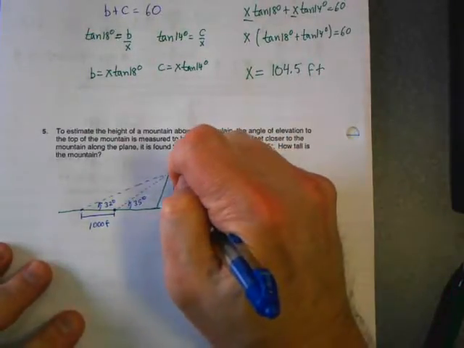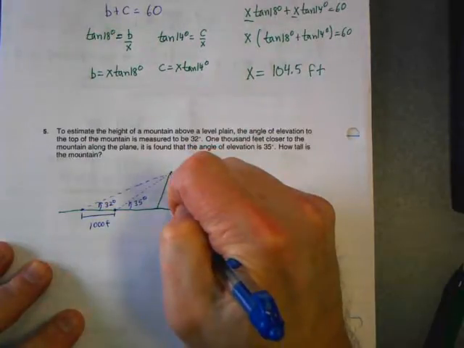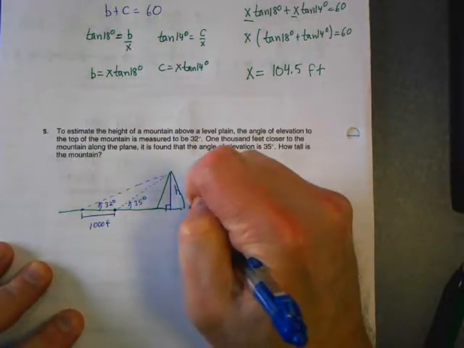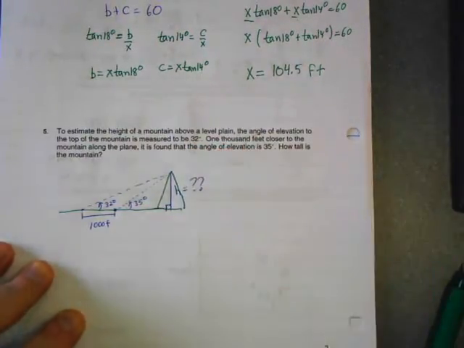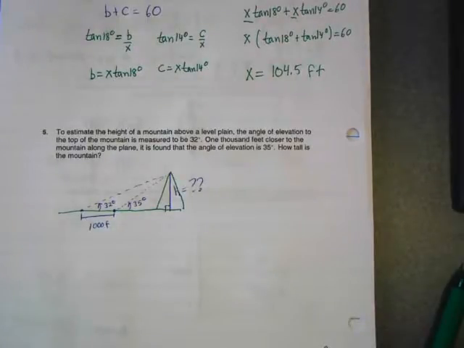What are we going to do? There's my right angle right there. There's the height. That's what I'm looking for. Any ideas? Well, I'm assuming that it does too, or they wouldn't have given it to us.